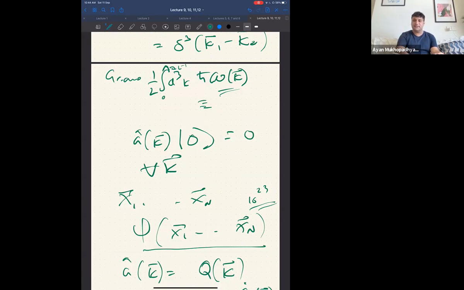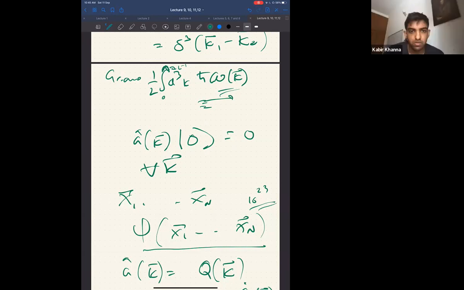It's a huge number typically, and it is supposed to be huge. But nobody cares about this number actually. Typically, this number is divergent if you take lambda to infinity.